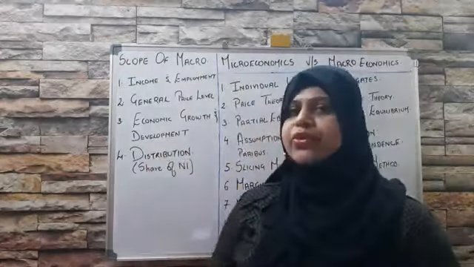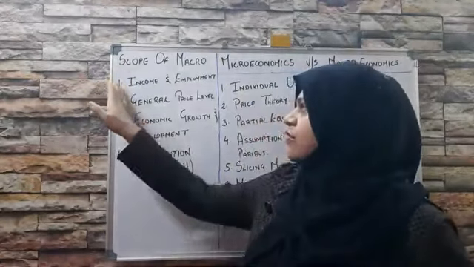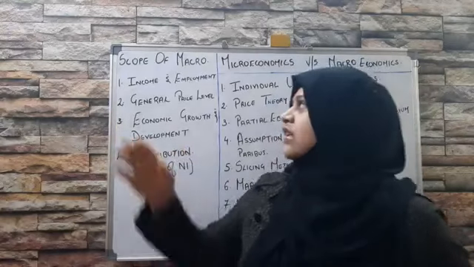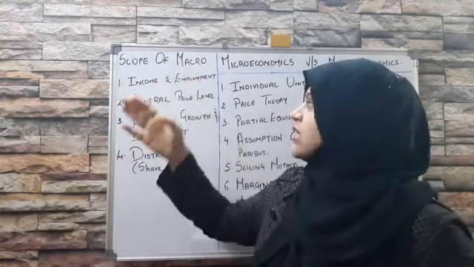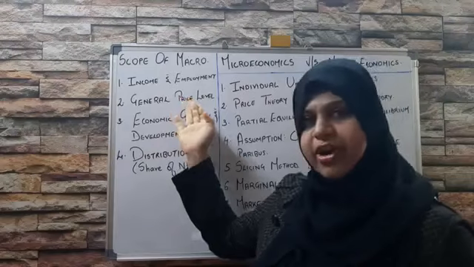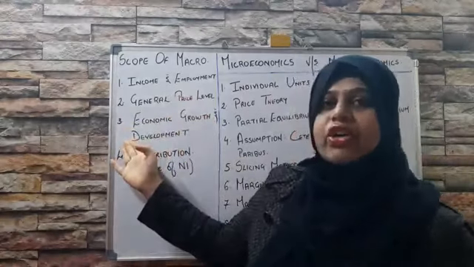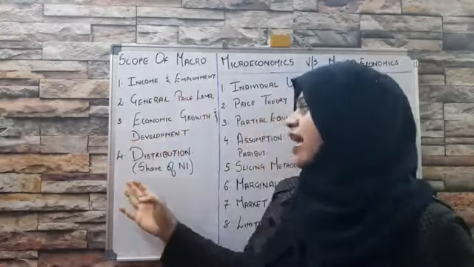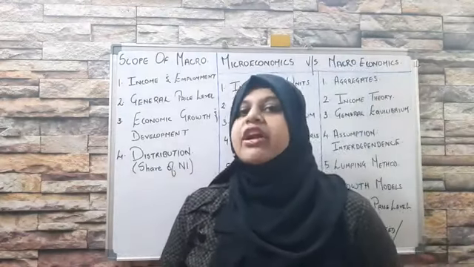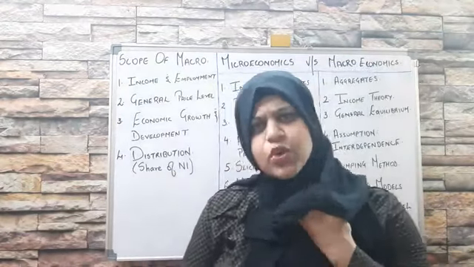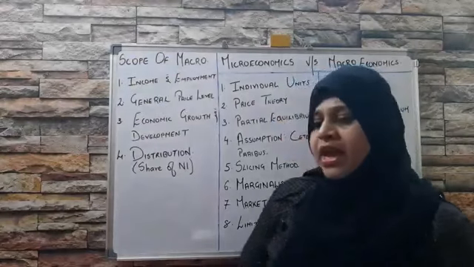So in this answer we are going to learn these 4 theories: the theory of income and employment, the theory of general price level, the theory of economic growth and development, and finally the theory of distribution. Quickly we are going to cover this up.